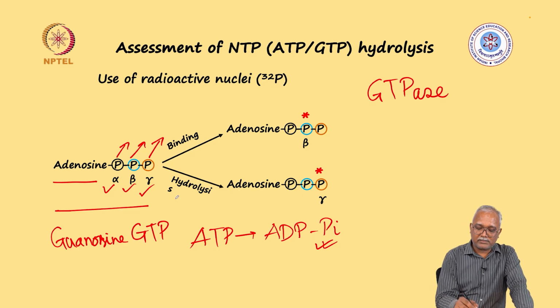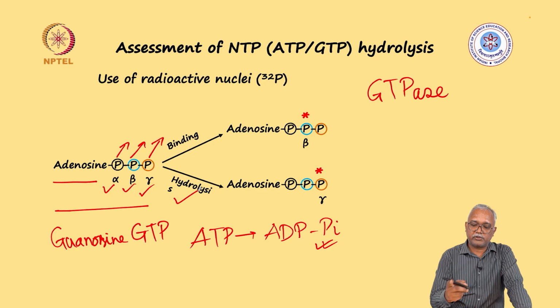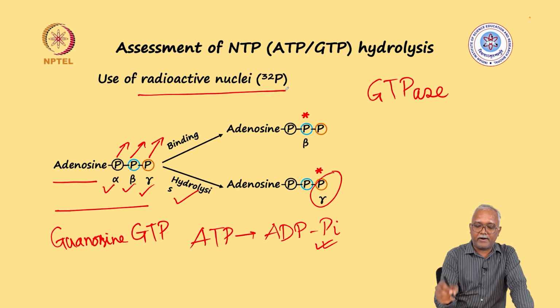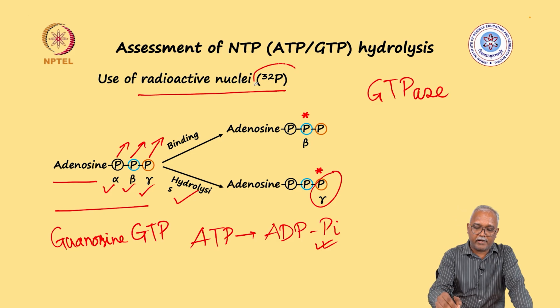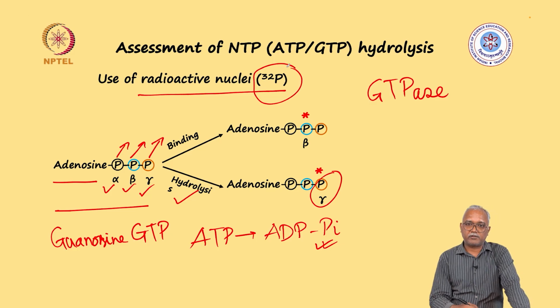So, if you want to understand the hydrolysis which is mediated by the kinase, you can use an ATP analog where this gamma phosphate is labeled. There was a time when a lot of radioactivity dependent assays were performed, where this gamma phosphate is replaced with the radioactive phosphate, which is P32.